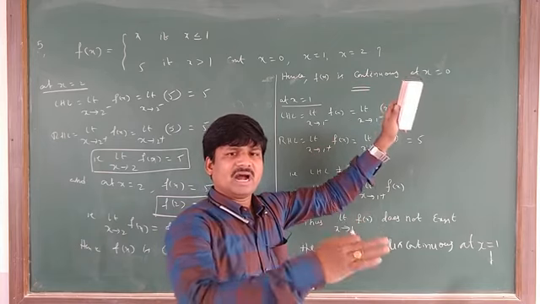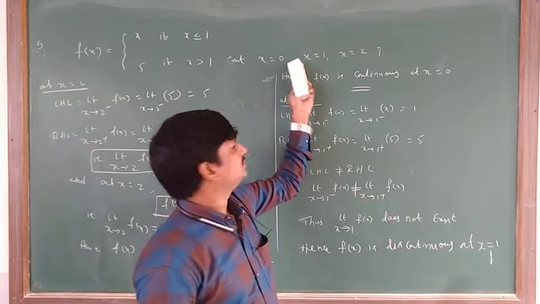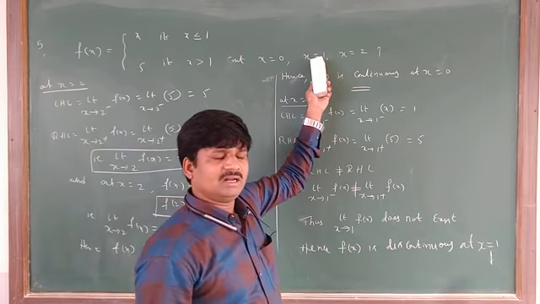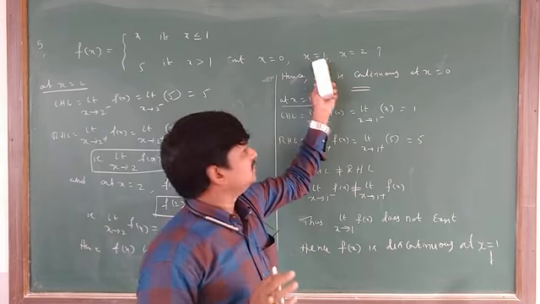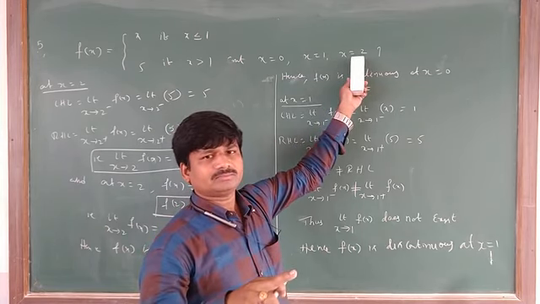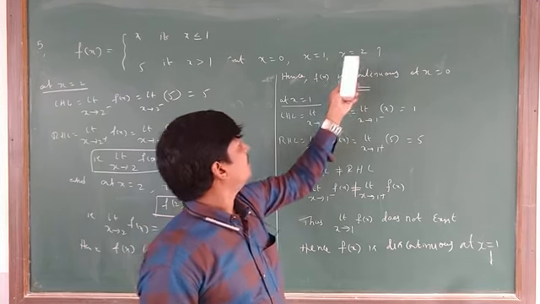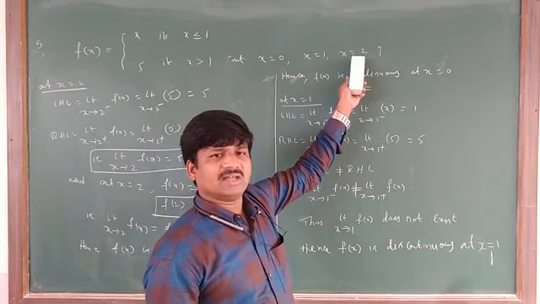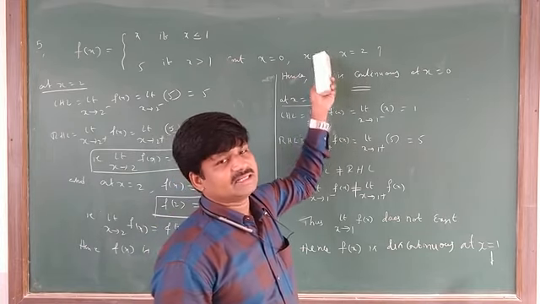If limit value and f of 0 both are equal, it is continuous. Otherwise it is discontinuous. Left limit at 1, f of 1 both must be equal, then continuous, otherwise discontinuous. Here also limit at 2 and f of 2 both must be equal, then it is continuous. But here at 0 and at 2 the function is continuous, but at 1 it is not continuous, we got discontinuous.